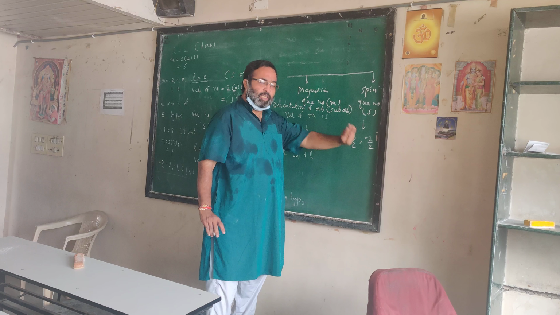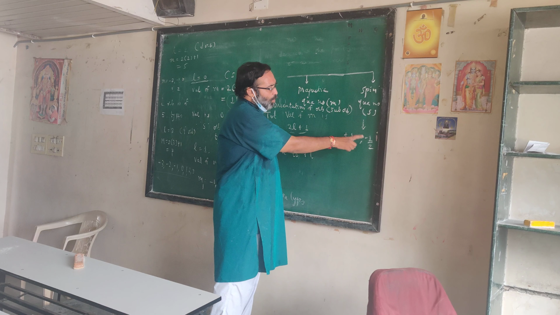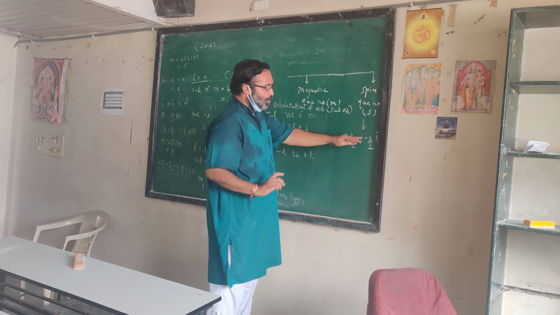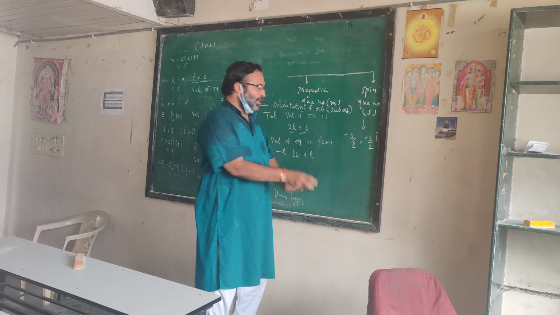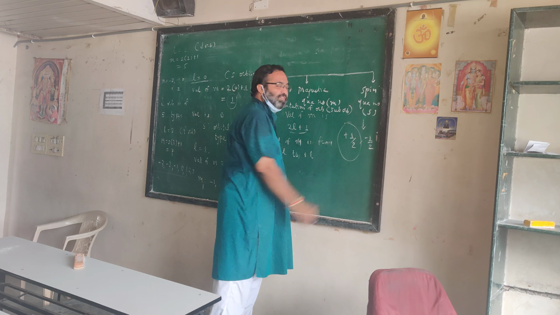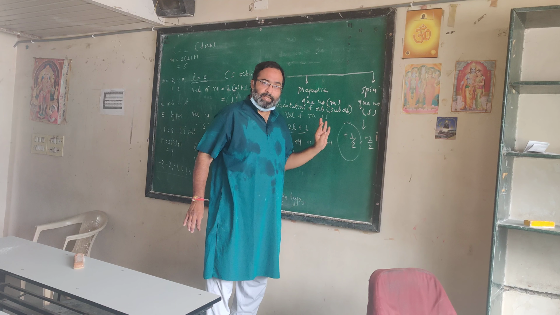That is why the spin quantum number is fixed with two values, either plus half or minus half, and these values will always be fixed. 50% of electrons in an atom have spin quantum number plus half, and the rest have minus half. Okay, clear?